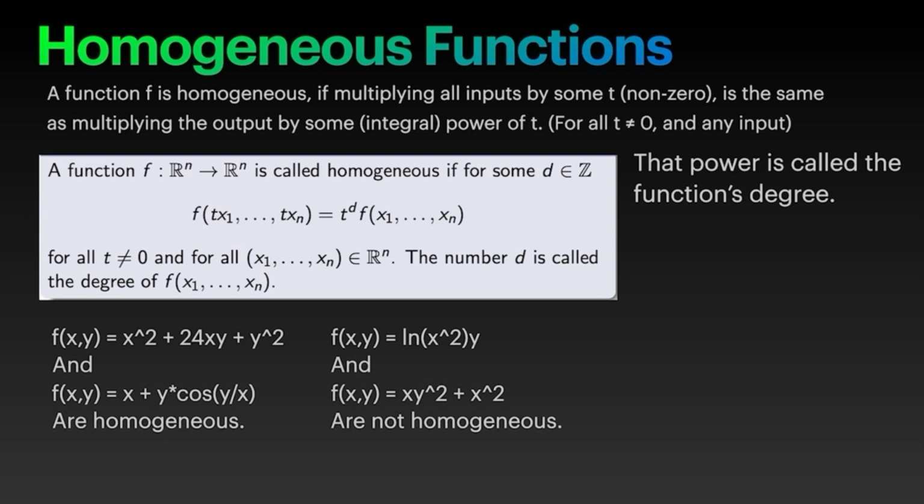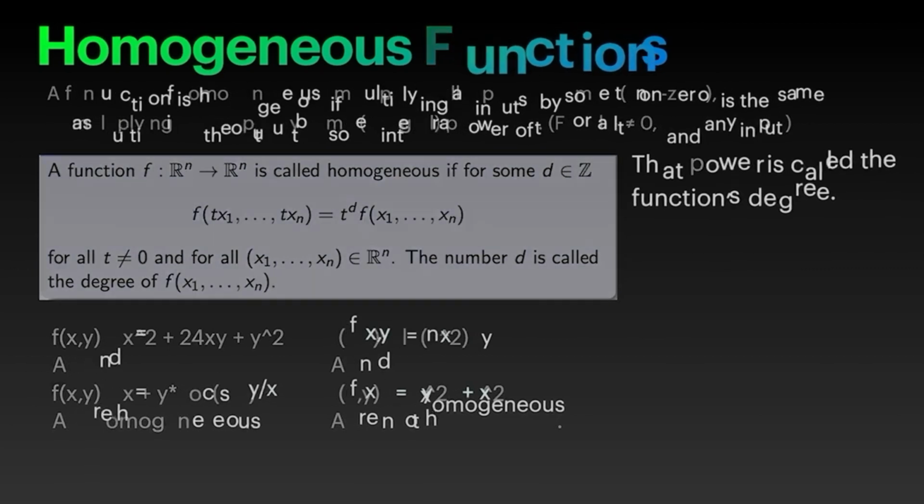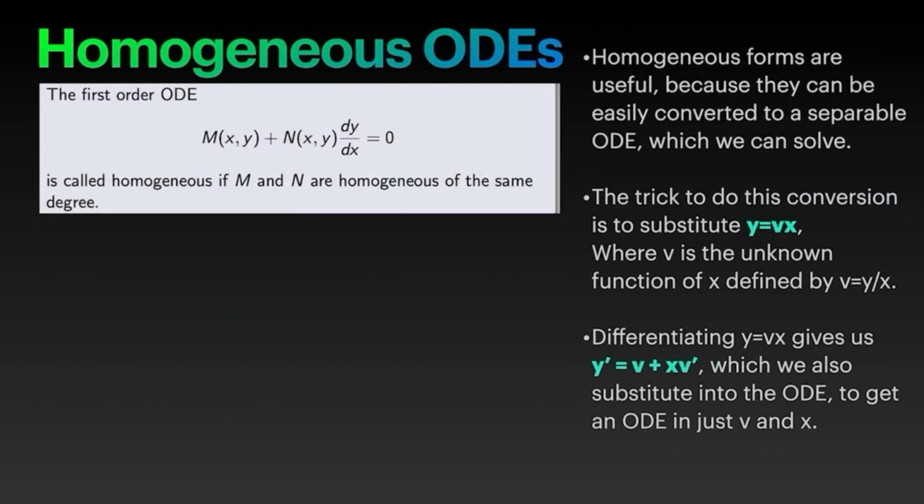Now let's move on to homogeneous differential equations. A homogeneous differential equation or a homogeneous form is a first order differential equation in which the coefficient function of the first derivative of y and the other function which is added to this to make the differential equation, both these functions must be homogeneous functions of the same degree.